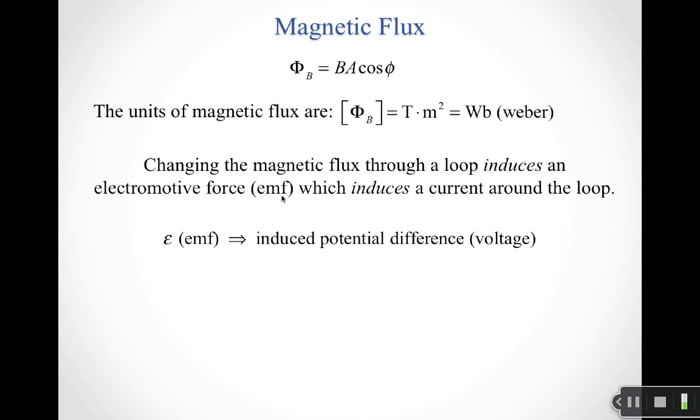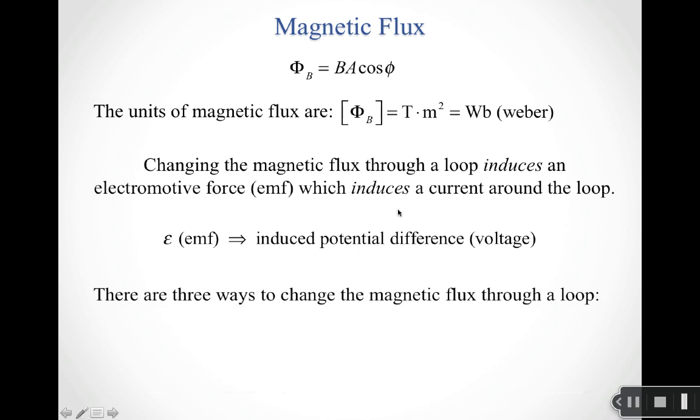So an EMF is sort of misnamed. It's a historical name, we still use it, but really an EMF is talking about a voltage. When you change the magnetic flux through some loop, that induces a potential difference. That induced potential difference will drive a current around the loop. That's where we're headed with this.